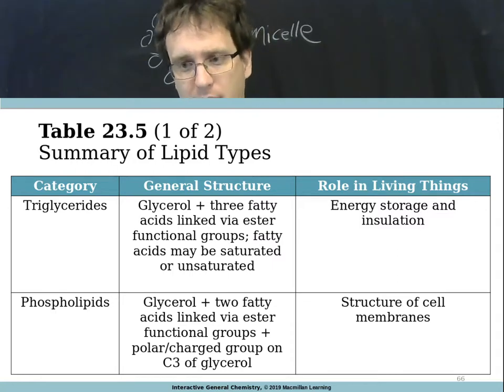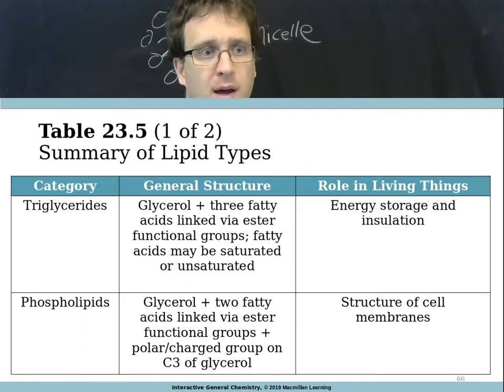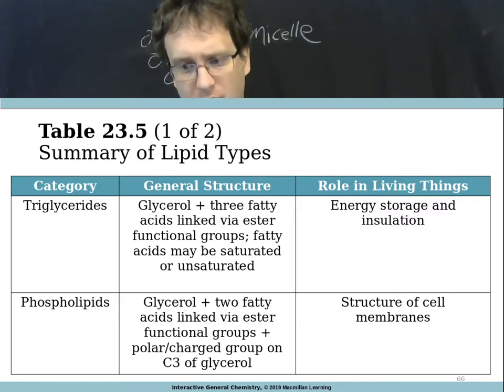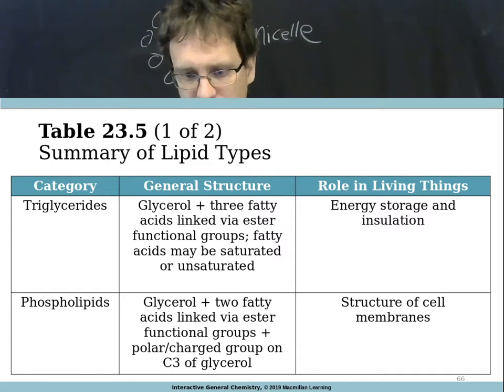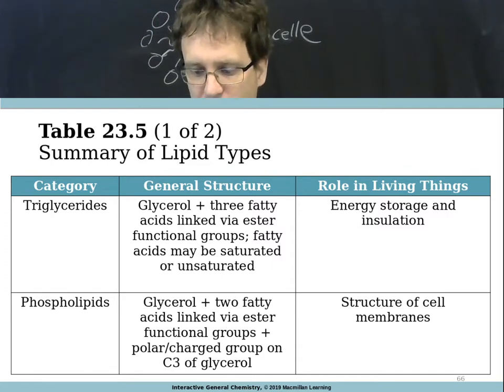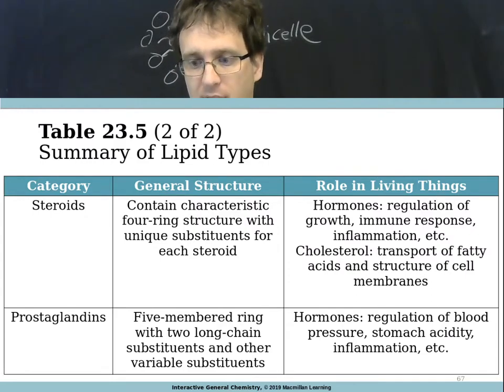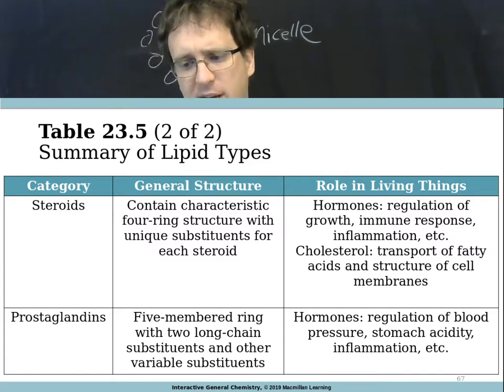They store energy long term in a more efficient way than sugars or anything else. Okay, and then the phospholipids make up the structure of cell membranes and organelle membranes. The steroids will regulate growth, immune response, inflammation, etc.